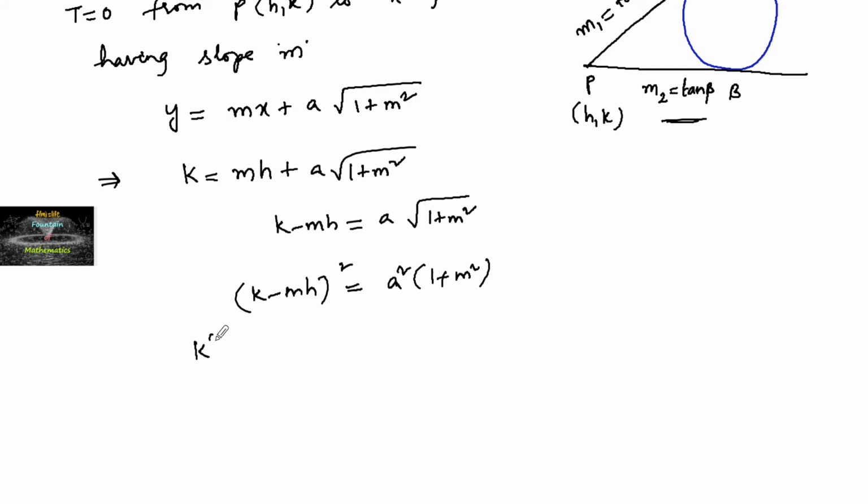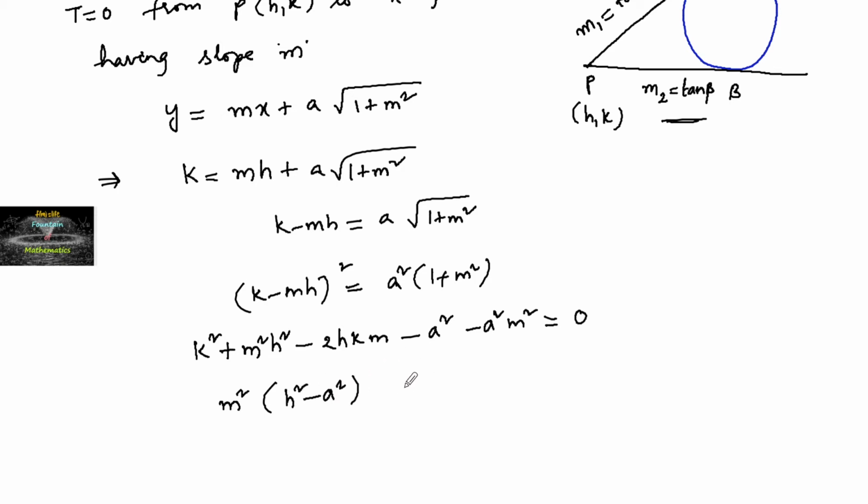On simplifying, we can write k² + m²h² − 2hkm − a²m² = 0. Or by taking m² common, we have (h² − a²)m² − 2hkm + (k² − a²) = 0.